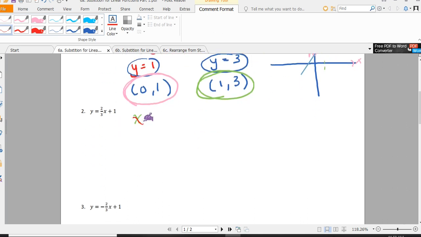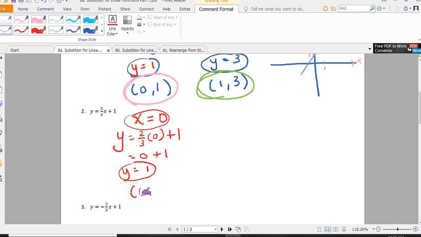So I'm going to have x equals 0. My equation would be y equals 2 divided by 3 times 0, copying down the equation, plus 1. 2 divided by 3 times 0 is just 0, plus 1, and that would equal 1. So my first point would be 0, 1.